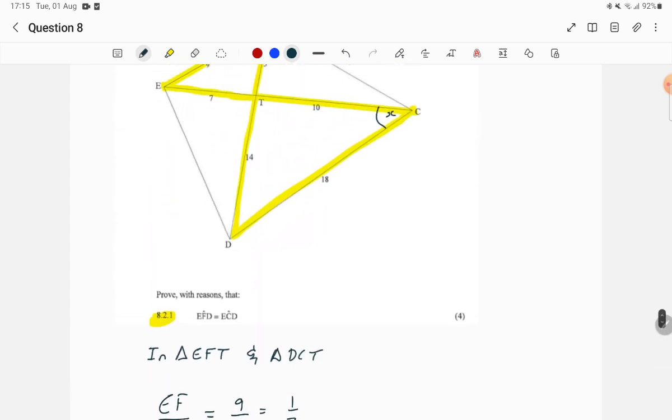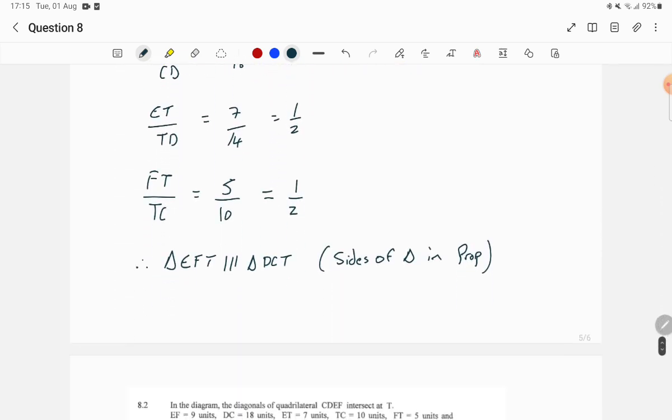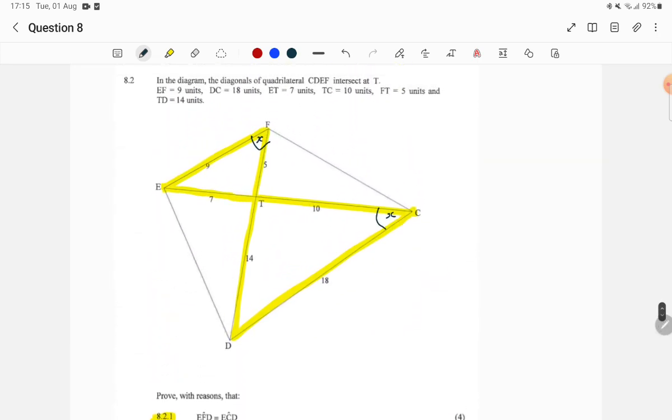And because they are in proportion, we can then say therefore angle EFD is equal to ECD. Coming back to this here, because the sides are proportional, those angles will be equal to each other.